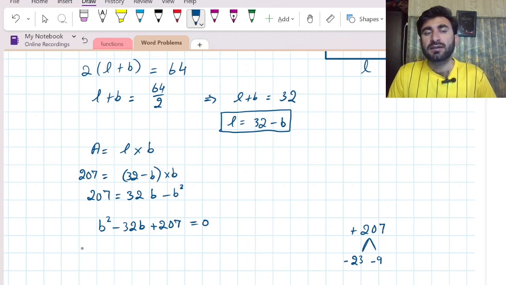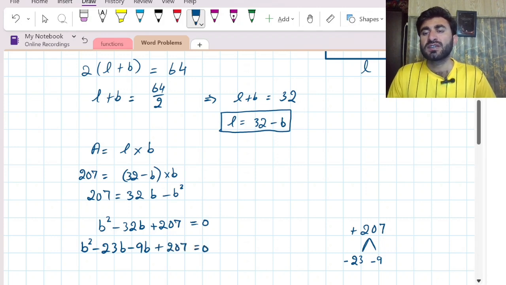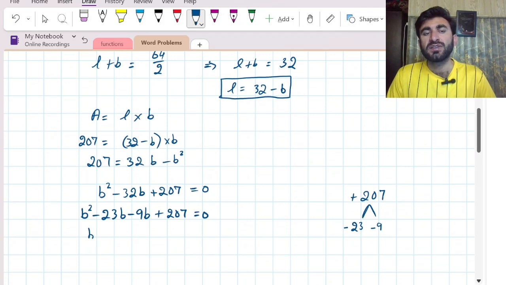So I can break its middle term as b square minus 23b minus 9b plus 207 equals 0. Next we can see the factors will be b minus 23 and b minus 9, and their product is 0.